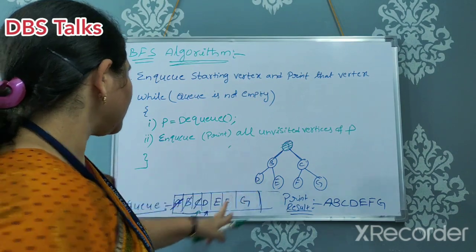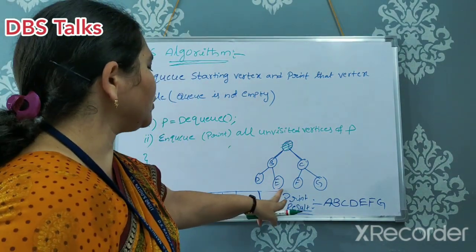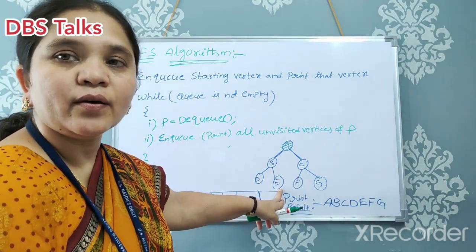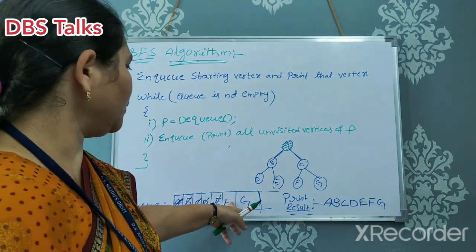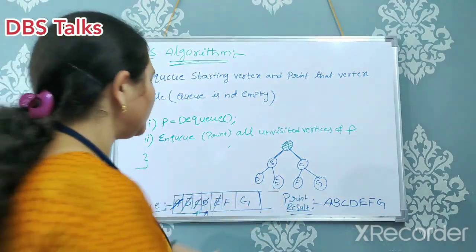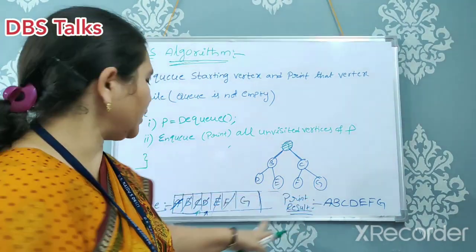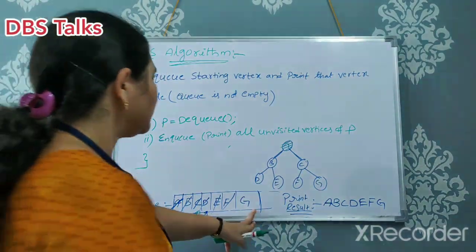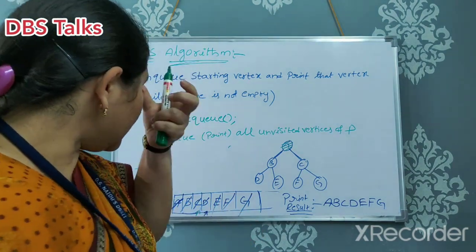That's why we can dequeue D, and E also doesn't have any unvisited or allowed vertices. Then we can dequeue. And F doesn't have any adjacent vertices, so we can dequeue this. Then G also doesn't have any unvisited vertices, so it will be dequeued from the queue. So this is the answer.